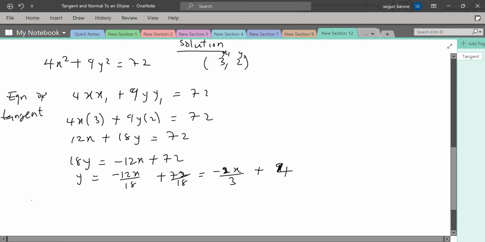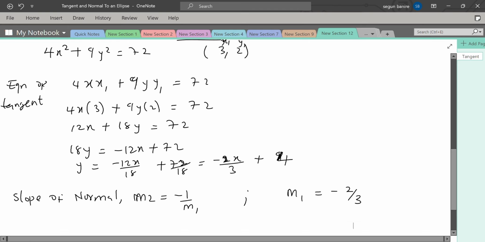So the question says we should also get the equation of the normal. So remember the slope of the normal is m2, and m2 is minus 1 over m1. So from this one, m1 is equal to minus 2 over 3.